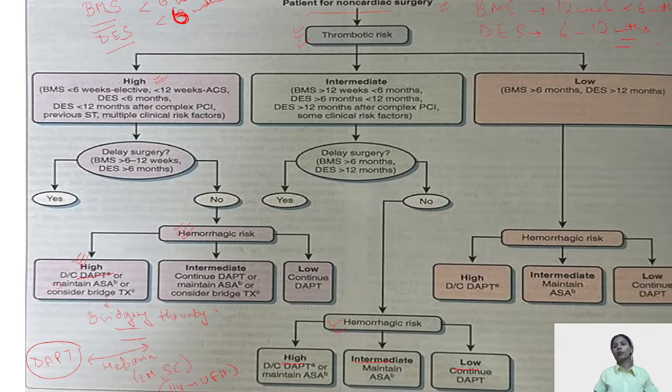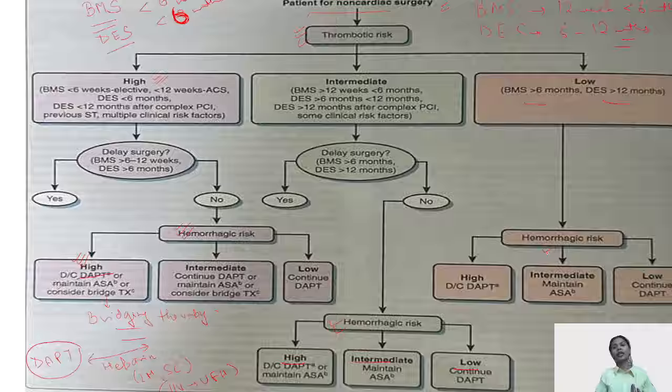Okay. Now coming to the low thrombotic risk cases. The low thrombotic risk cases mean the recommended duration of the dual antiplatelet therapy has already been finished. That is, the bare metal stent has been there for at least 6 months and the drug eluting stent has been there for more than 12 months.